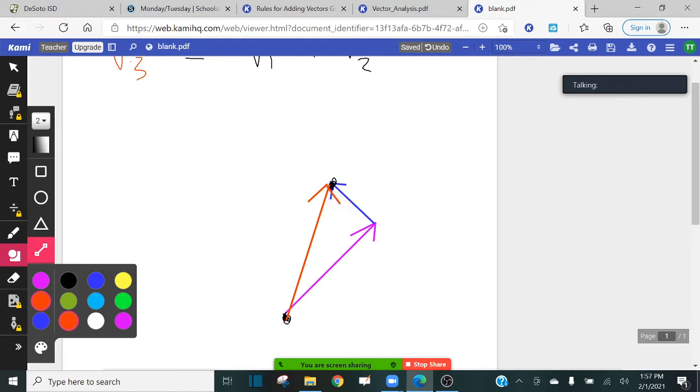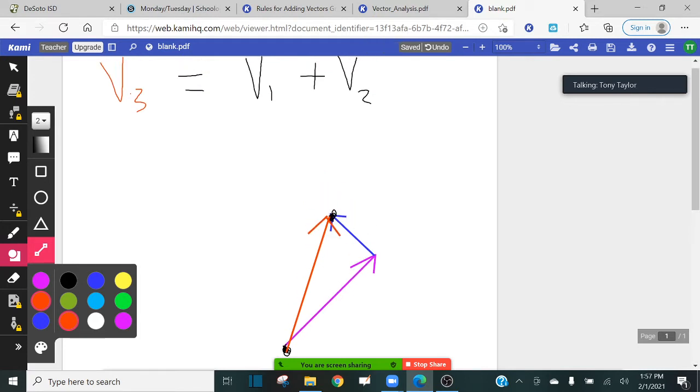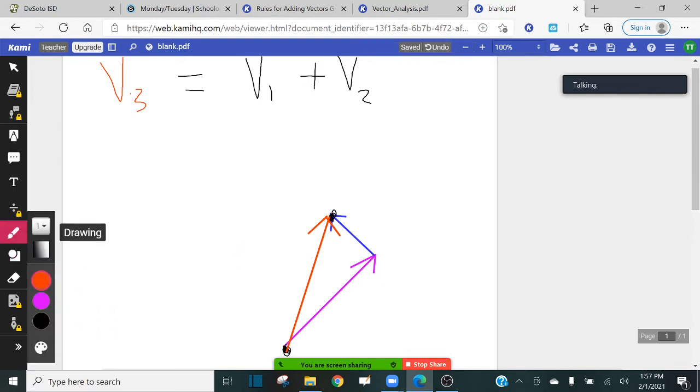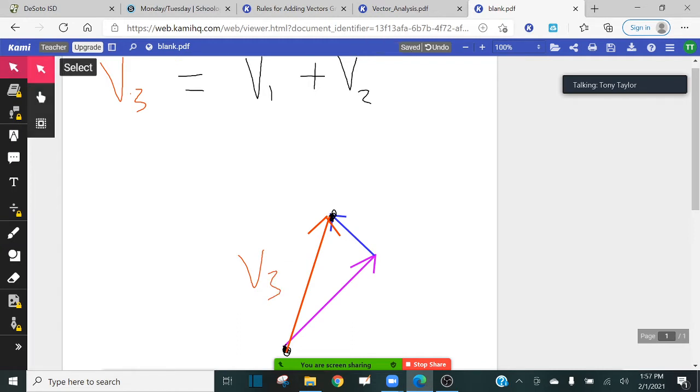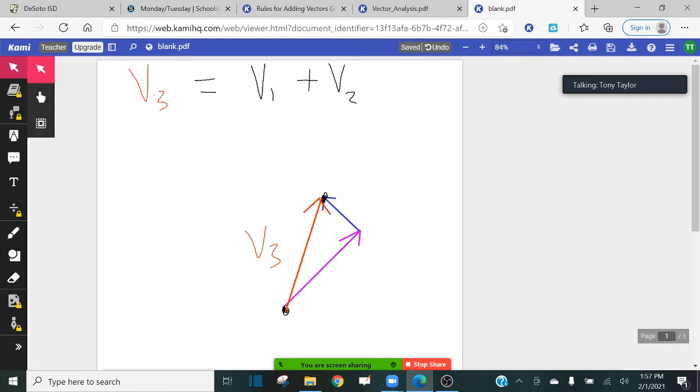Okay. And so, guys, that arrow that I just drew in red, that is the vector v3. In other words, whenever we combine vectors v1 plus v2, we get a visual that looks like this, which is v3. So that's what I mean when I say add vectors graphically.